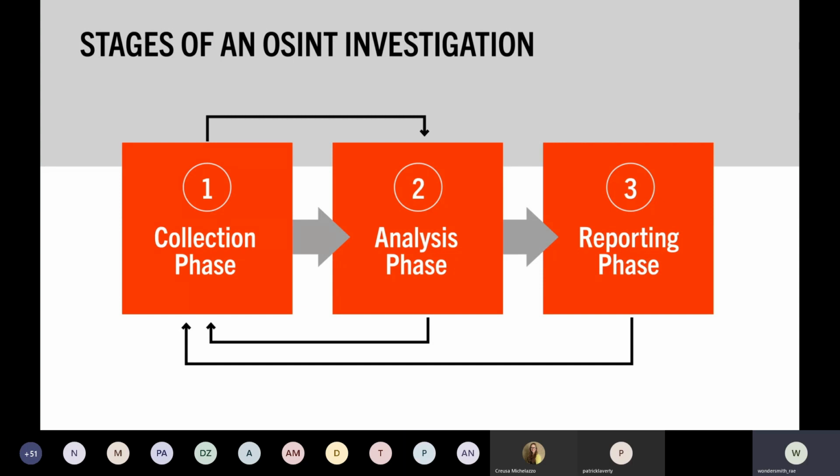So that's when you're taking all that information and you're going through it to make sure that it is valid, that you're not inserting any kind of bias into it, that it all makes sense. And then as you can see, the arrow goes back to the collection phase because at that point you might realize you have some more information that you need to research. And that kind of goes in a circle until the end of time or until you hit your deadline and you have to report it. So reporting would be the third phase.